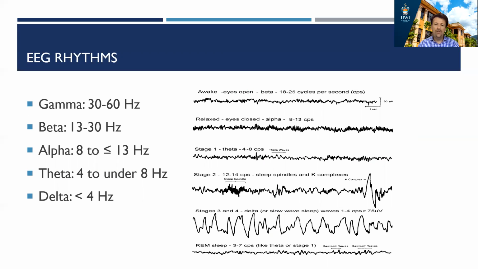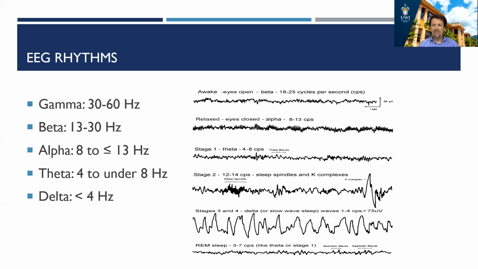Now, when you study sleep, you'll do this in a lot more detail. But there are some characteristic wave patterns associated with the EEG, and these depend upon the frequency and the amplitude of the wave. In order to determine the frequency of a wave, you must always have a time scale, because frequency represents cycles per second.